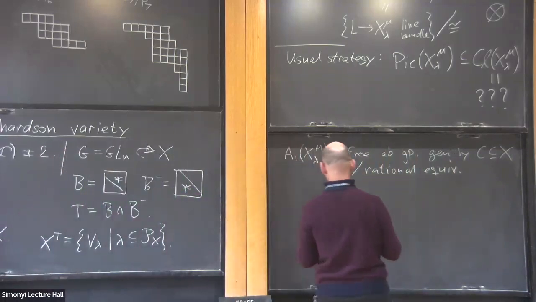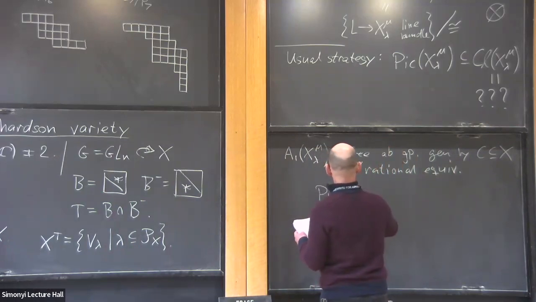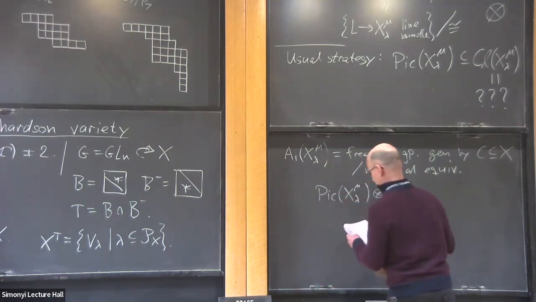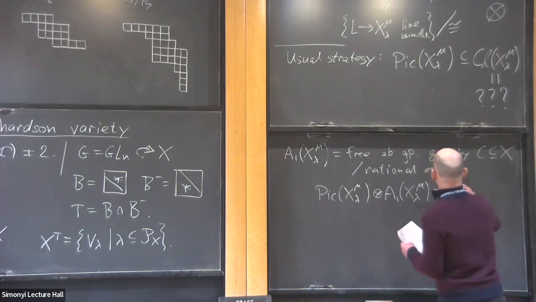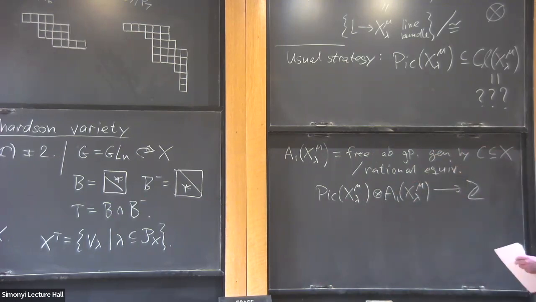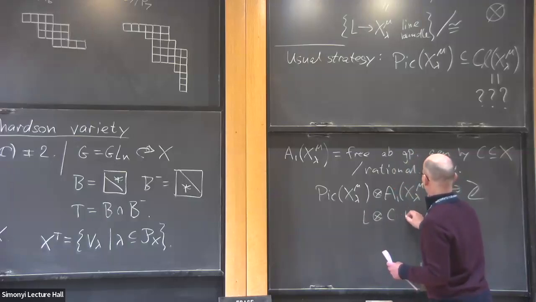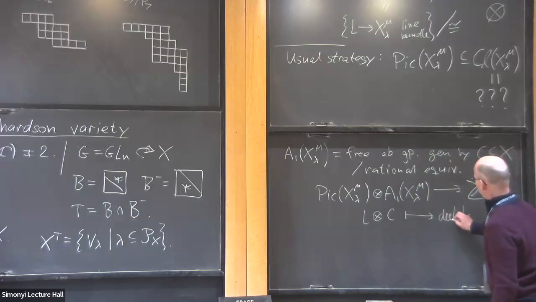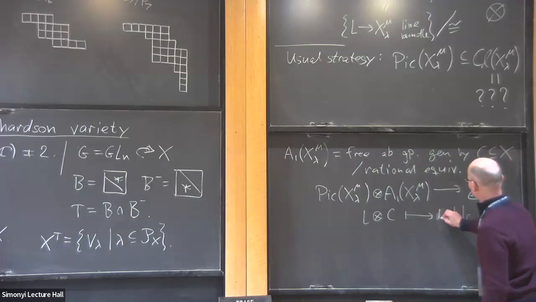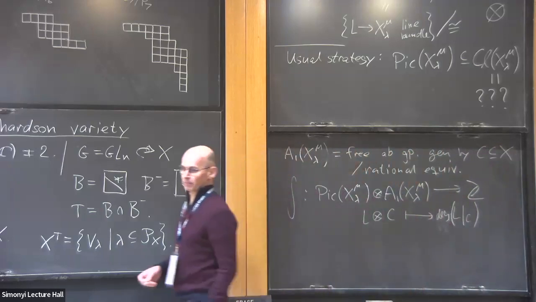I guess no matter how horrible your variety is, you always have a pairing from the Picard group with the first Chow group into the integers, where you take a line bundle and a curve, and then you can restrict the line bundle to the curve, and then you can take the degree of that. Basically, this is an integral pairing.